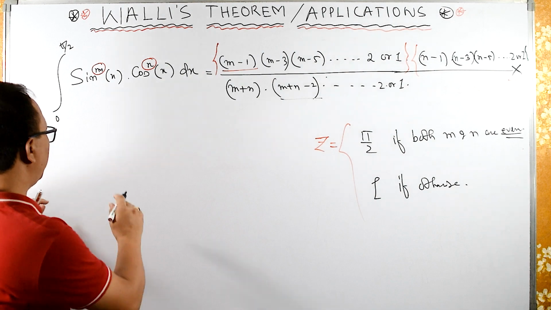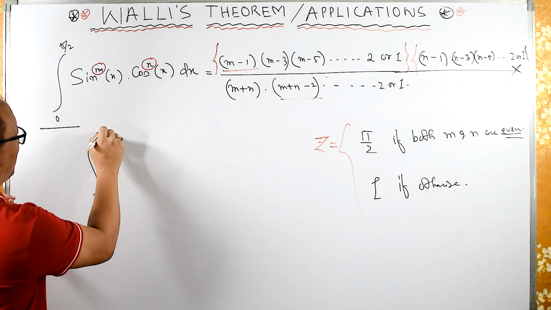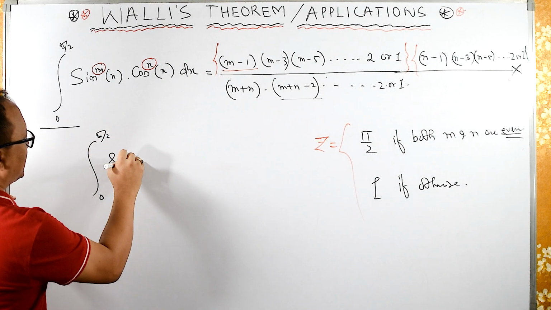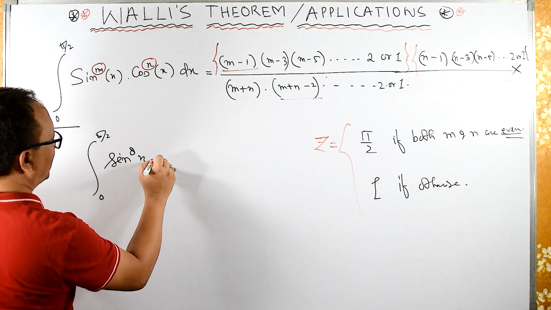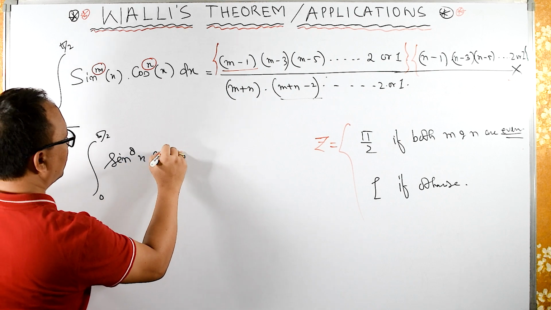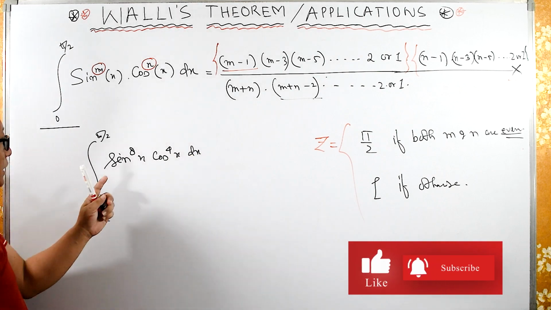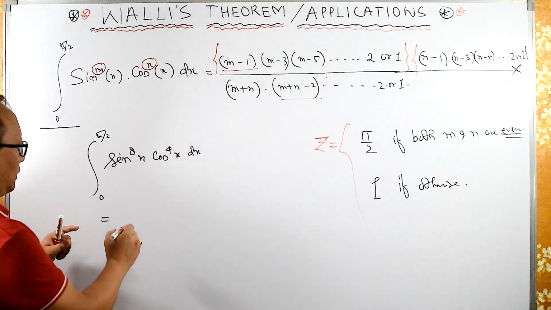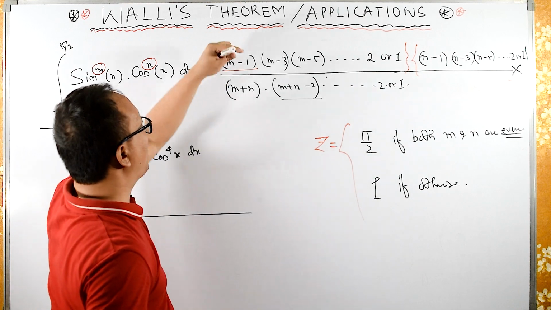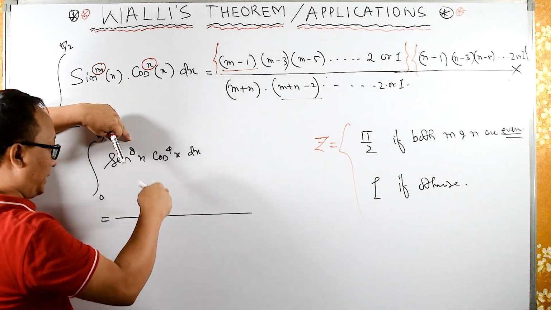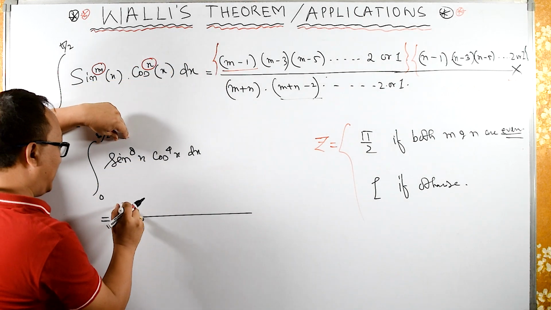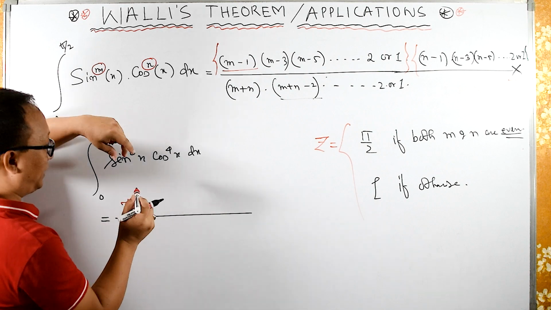Let's take an example. The integral from 0 to pi by 2 of sine of 8x and then cos of 4x dx equals, remember this formula, from this 8 you decrease 1, so I am getting 7 over here.